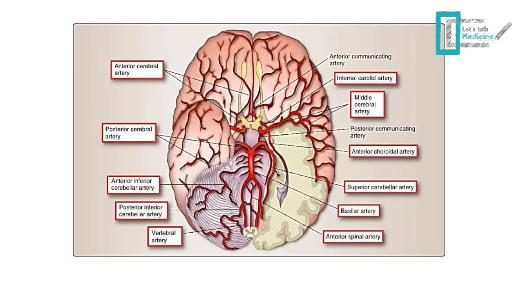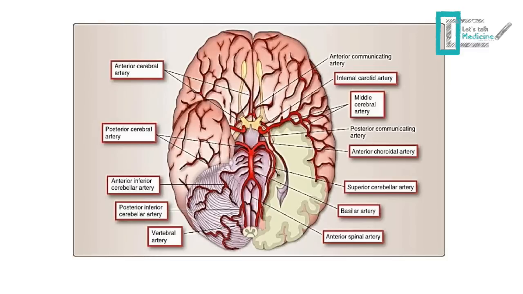Those branches are called the cortical branches, which supply the cortex, or the lateral surface of the cortex. The other branches, which are central, penetrating or deep branches, are the branches you see when you remove the temporal lobe. They supply deeper structures within the brain, like the lentiform nucleus, caudate nucleus, and internal capsule.